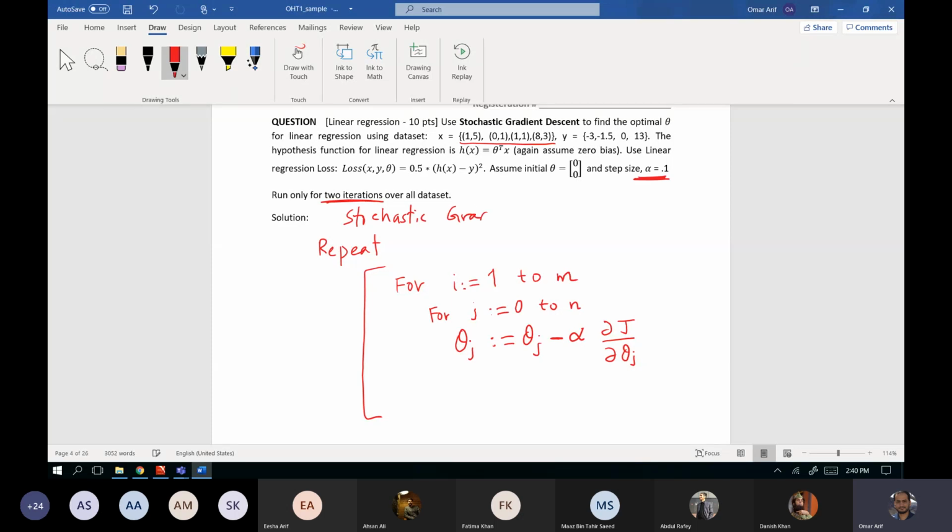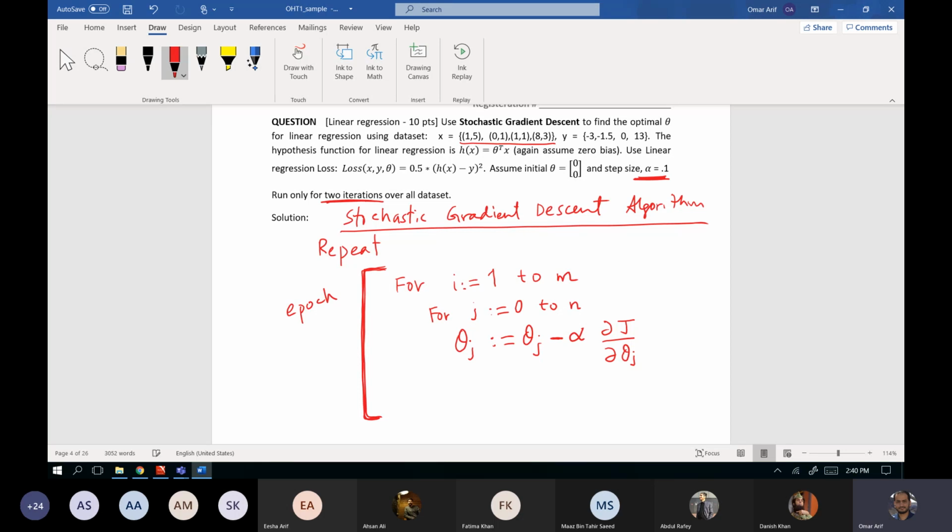Stochastic gradient descent algorithm. Okay, and this has to be repeated again and again. Once this one loop, this bracket, is finished for all m examples, we can call that one epoch.